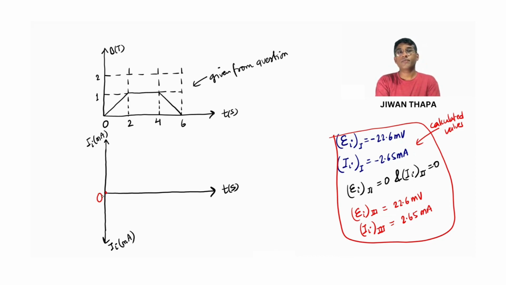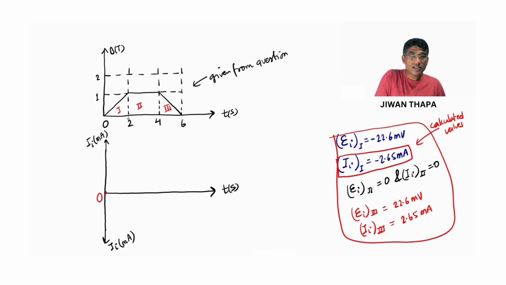Now, as I said earlier, this is region first, region second, and this is region third. What we find for region first is that induced current is negative, minus 2.65 milliampere.